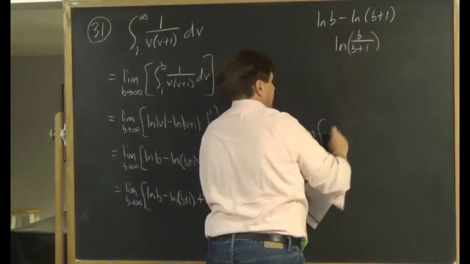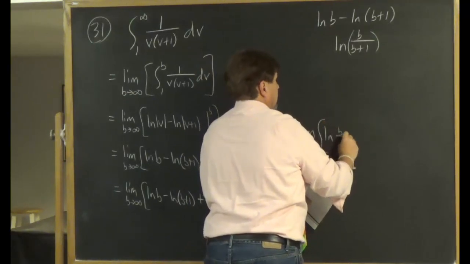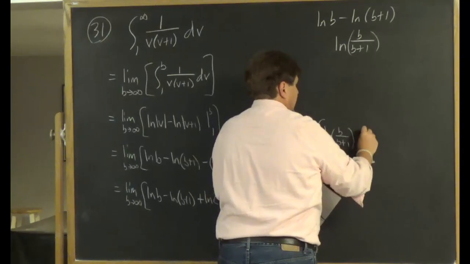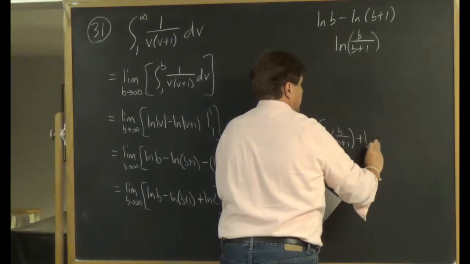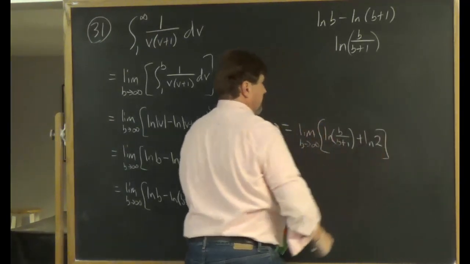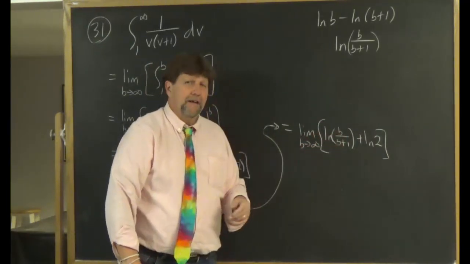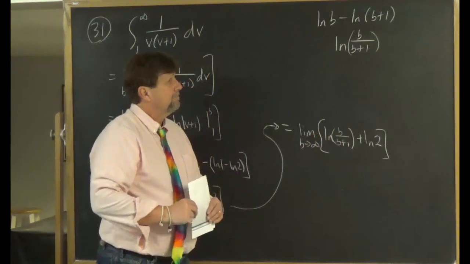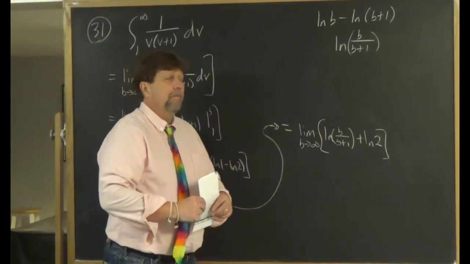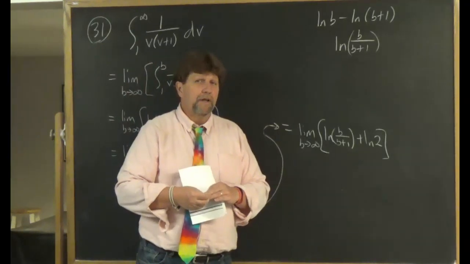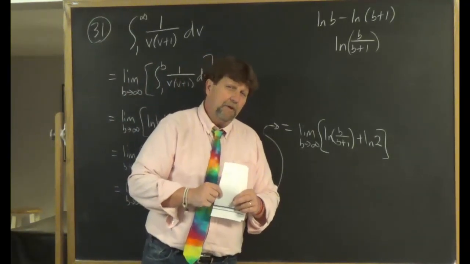I'm rewriting that as the natural log of b over b plus 1. And don't forget, I still have that natural log of 2. But I still have a problem here. Now I have infinity over infinity. Before I rush off and say I can use L'Hopital's rule again, I think I can get by with a little bit of algebra here.